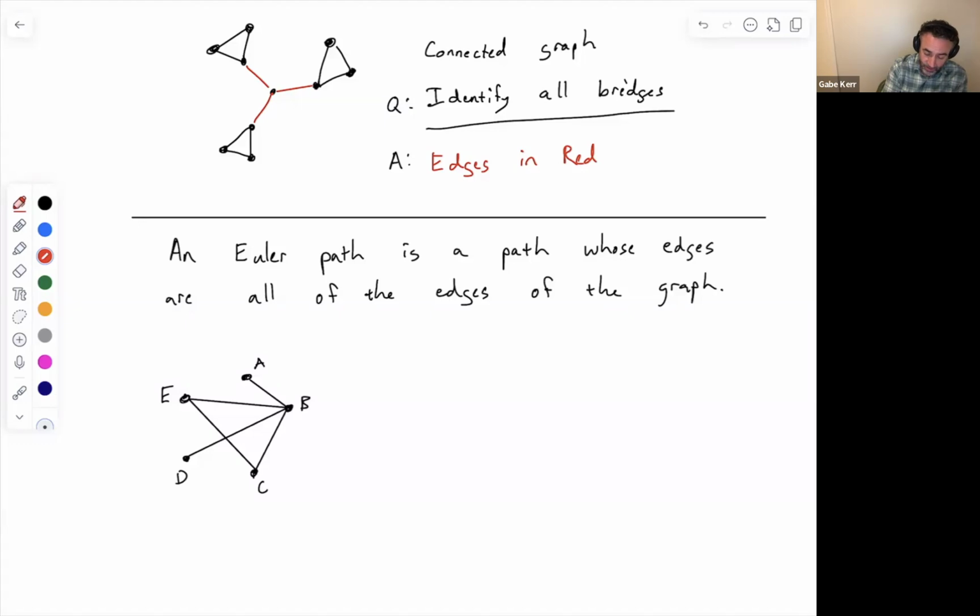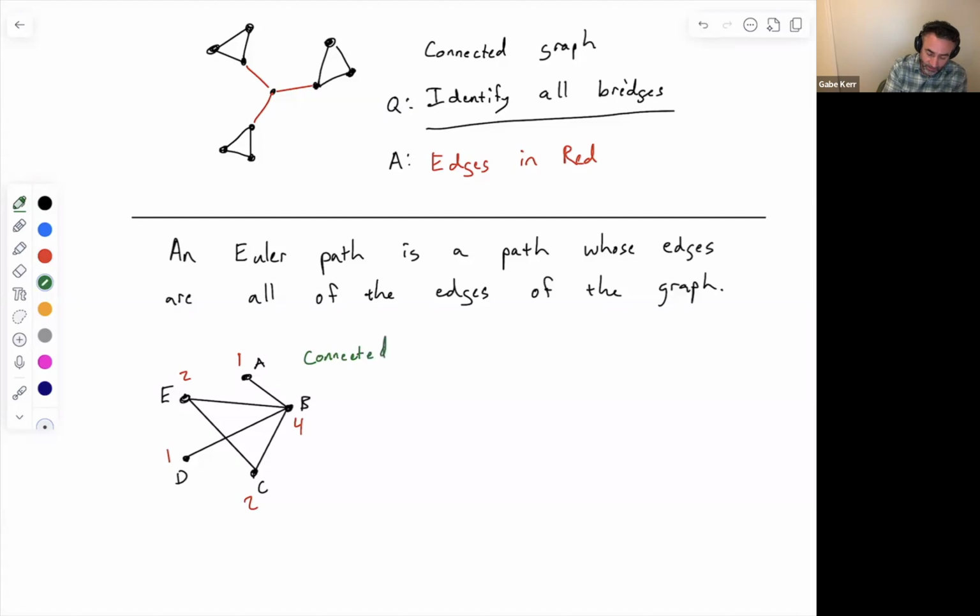So I'm going to write those in red. I've got A is degree 1, B is degree 4, C is degree 2, E is degree 2, and D is degree 1. And then Euler says, if you want a circuit, the only way you're going to have one is, A, if this is a connected graph. Okay, it's connected. Yes.